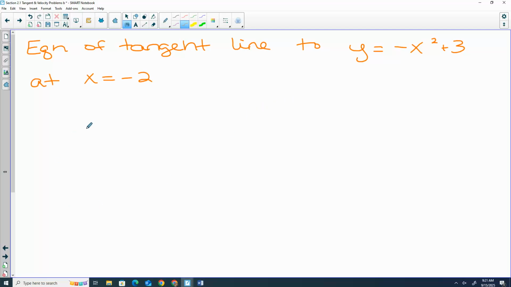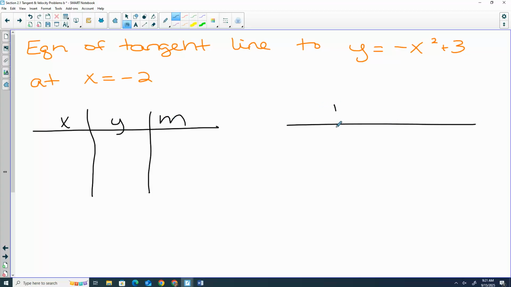All right, so we have to have our two tables, x, y, m. We need to be approaching negative 2.